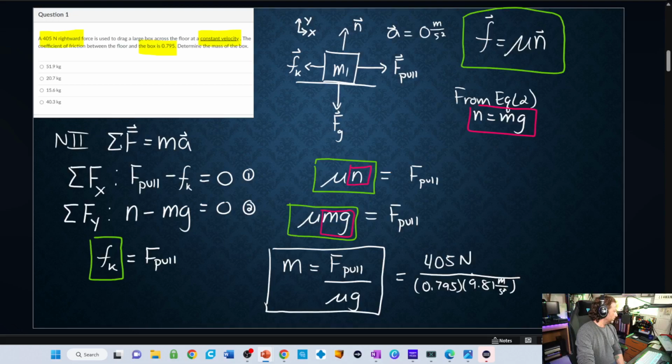We get, let's see, what do we get? I didn't work this one out numerically yet, so let's see. 405 divided by 0.75, that's not 0.81.